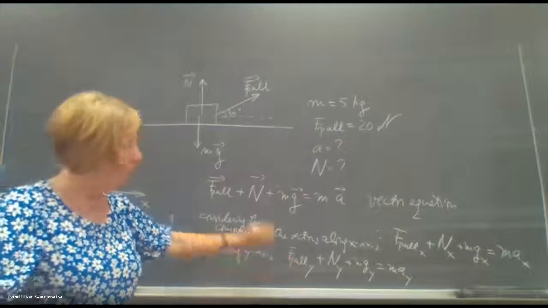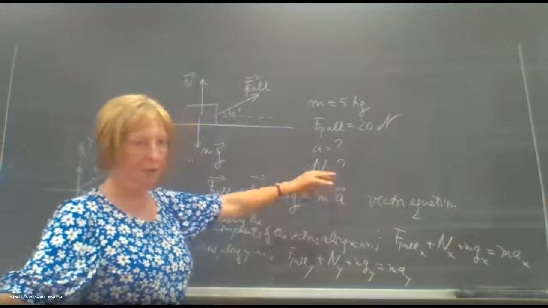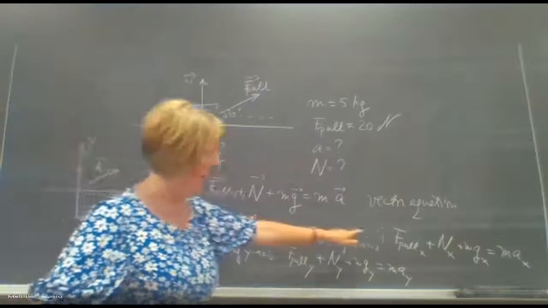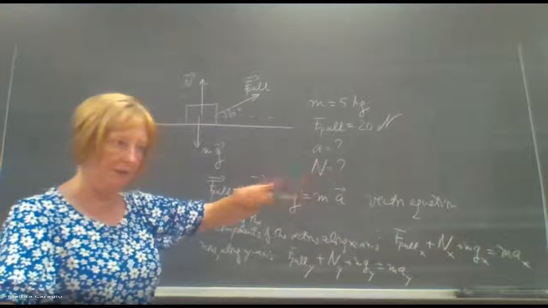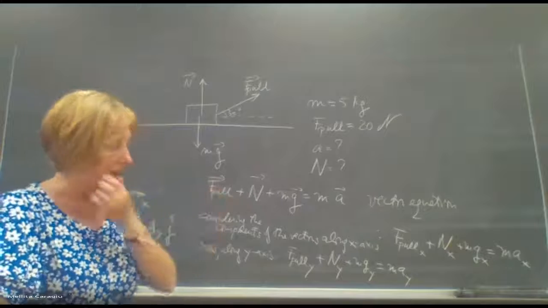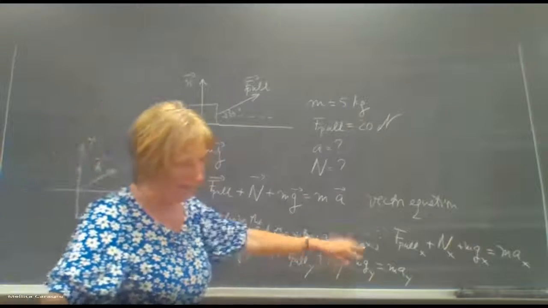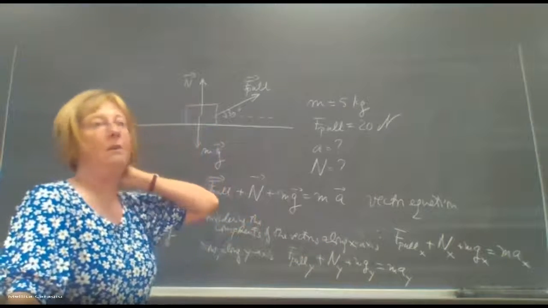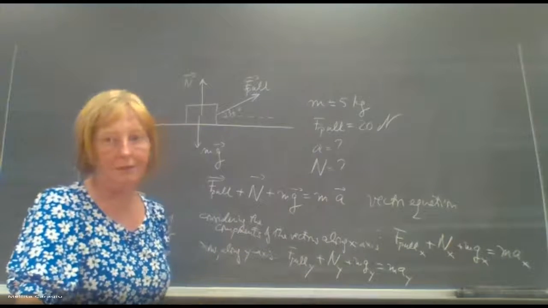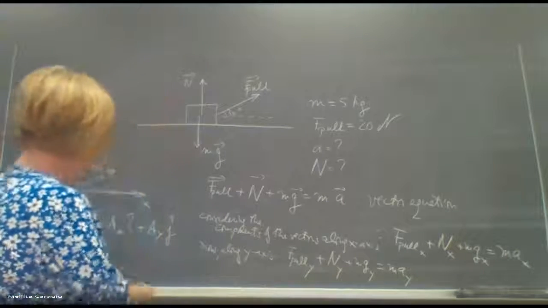So again, one vector equation is equivalent to 2 scalar ones. One which is obtained by considering all the components of the vectors along x, and another one which is obtained from considering the components of the vectors along y.